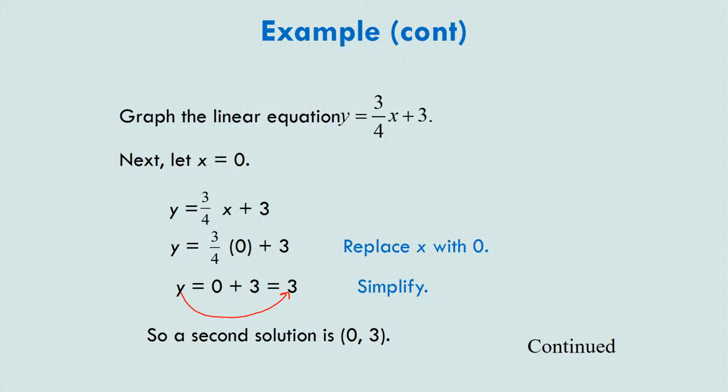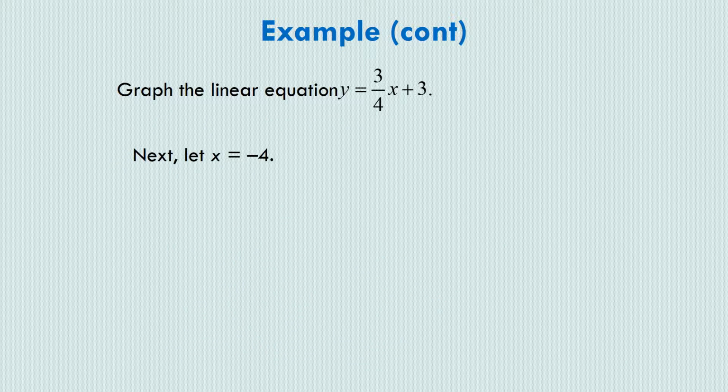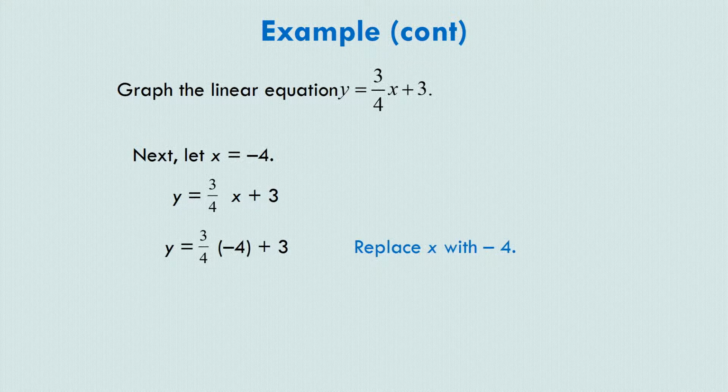My third solution, I'm going to use -4. I've already used +4, so I'm going to use -4. -4 I'm going to treat the same as I did +4, so this time I have 3 times -4, which gives me -12, and -12 divided by 4 is -3.